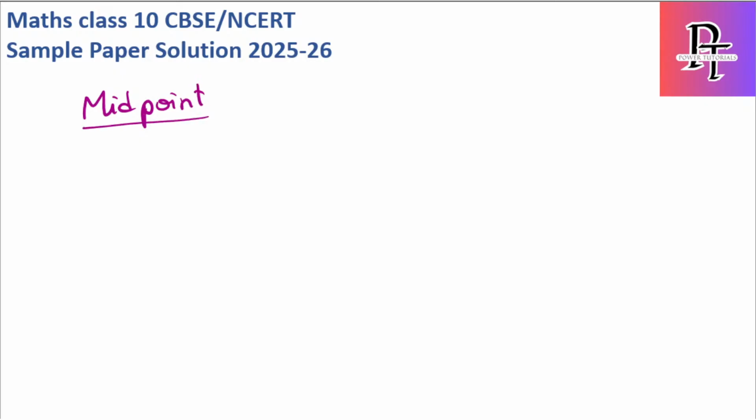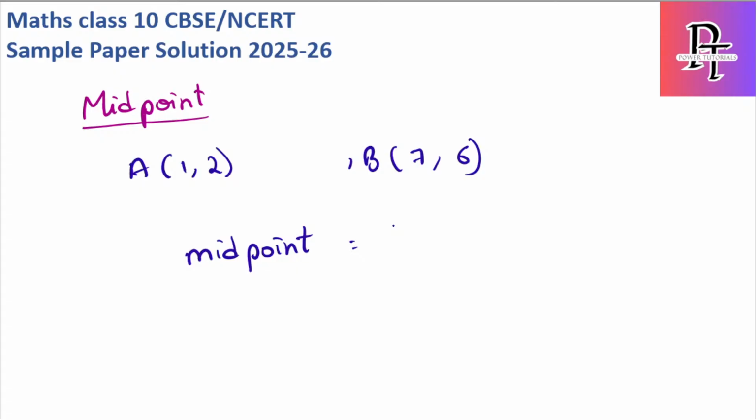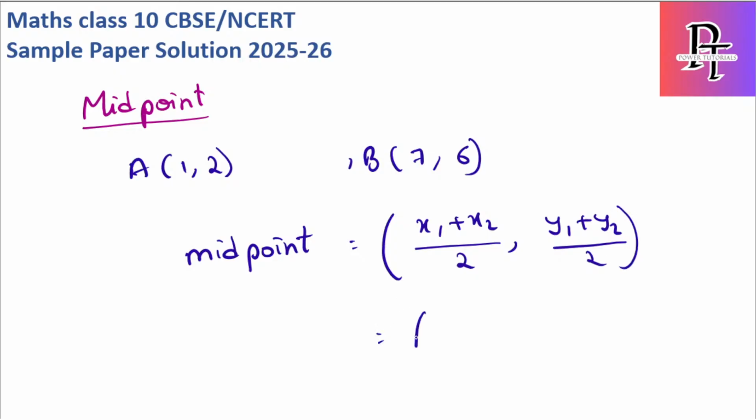So how to find the midpoint of A and B, where A is (1, 2) for suppose, and B is (7, 6). Then the midpoint will be equal to (x1 plus x2 by 2, y1 plus y2 by 2), we'll write the formula first, which will be equal to (1 plus 7 by 2, 2 plus 6 by 2).